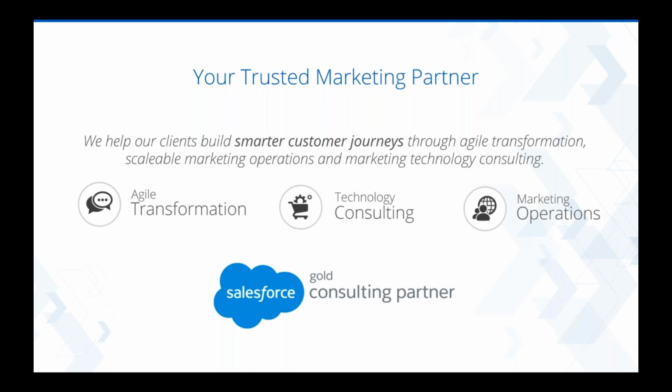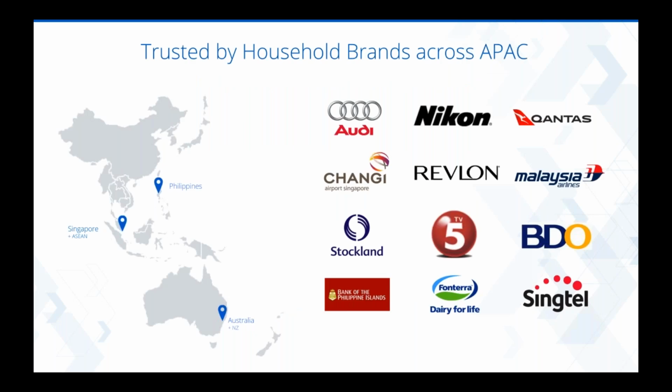We're also a gold consulting partner, which I'm very happy to announce. This just ticked over 2 days ago. We're trusted by household brands across APAC. If you look at some of the logos there, Audi, Nikon, Qantas, Revlon, Malaysia Airlines, Changi Airport, these are all brands that we know and love. We've very much been playing in the enterprise space across Asia. We've got a presence in Singapore, Philippines, and ANZ.